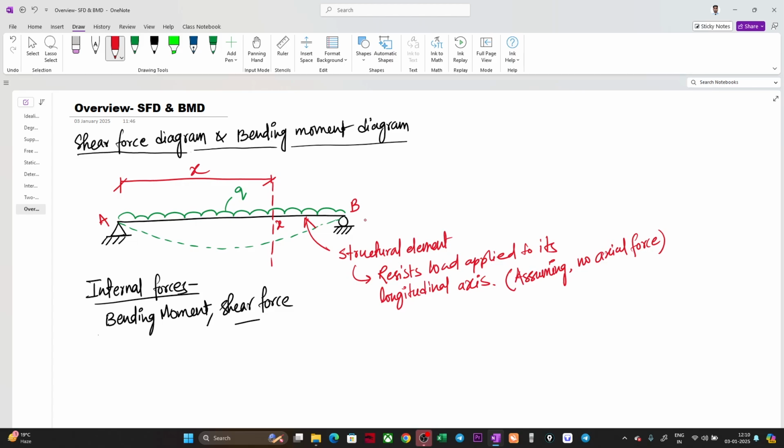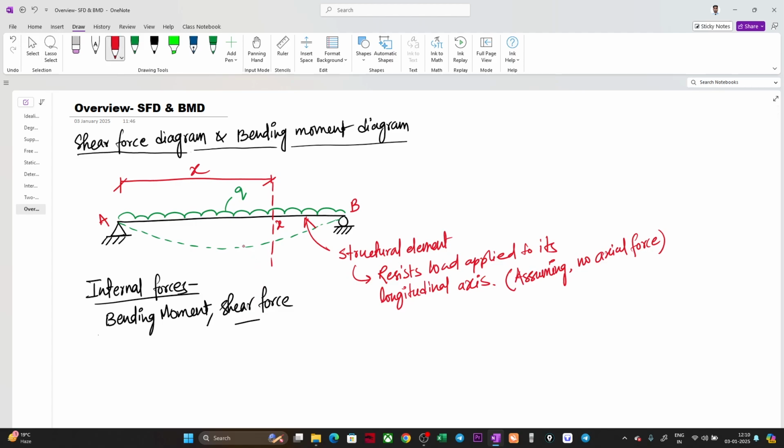So when you want to understand the overall behavior, or an overall view of how the beam is resisting the forces, you should get a graphical representation of these internal forces.